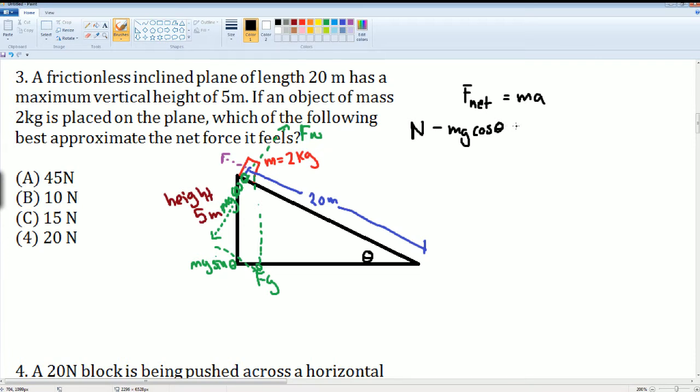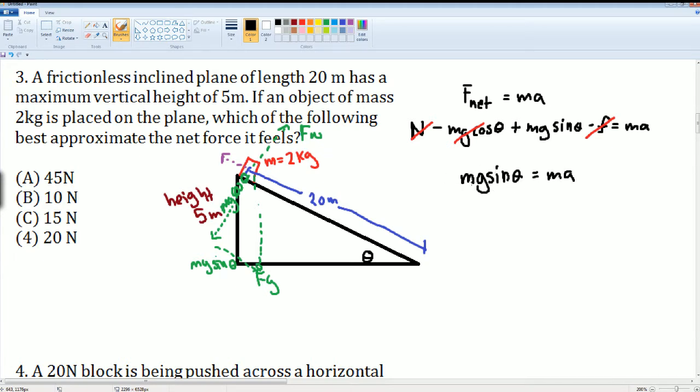Then you have plus mg sine theta. Then you have minus force of friction. That equals ma. But watch all the cancellations that occur. There's no force of friction. This and this cancel each other out. So all you're left with that it experiences on the ramp is mg sine theta equals ma.